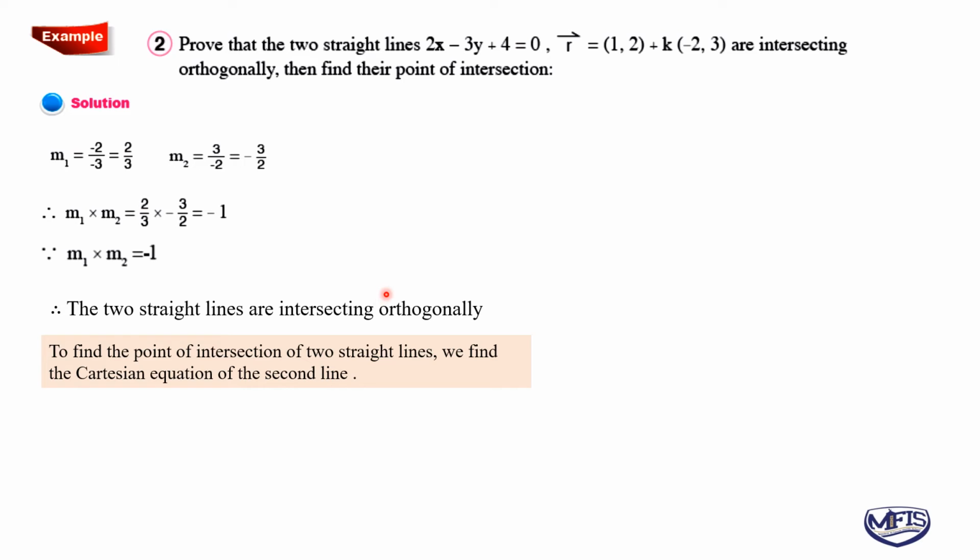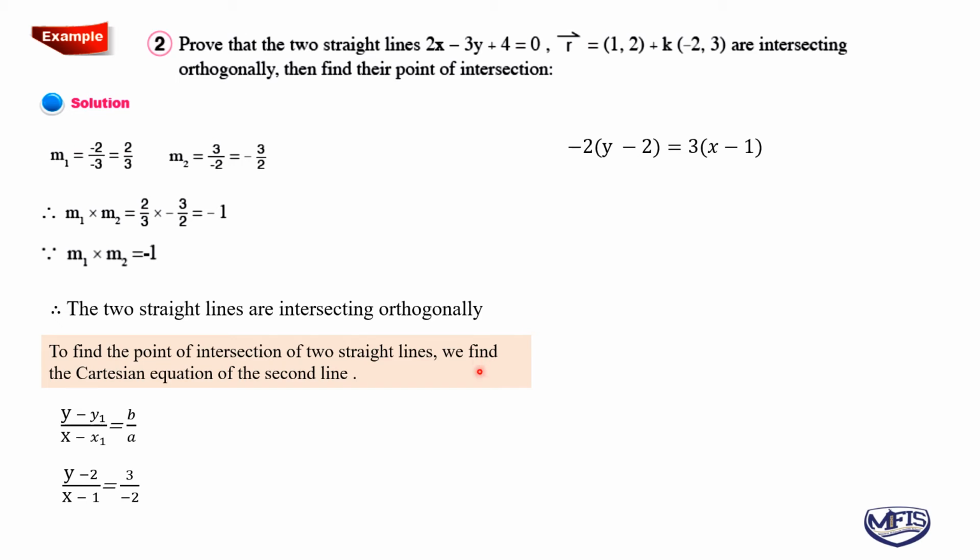To find the point of intersection of the two straight lines, we find the Cartesian equation of the second line. So we have (y minus y1) over (x minus x1) equal b over a. So (y minus 2) over (x minus 1) equal b over a, which is 3 over negative 2.